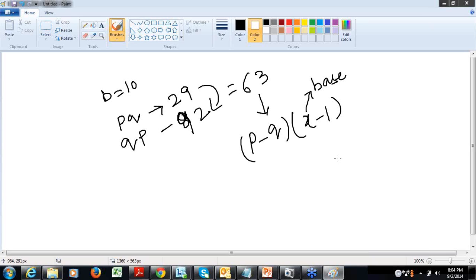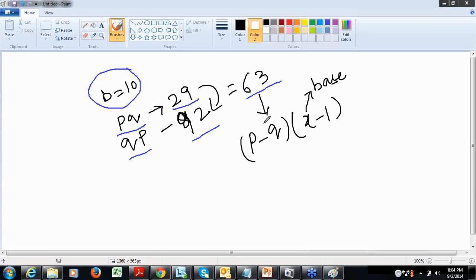What I am saying is, take the base as 10. Suppose the number which had to come was PQ. So PQ came as 29. Now the reversal of that was QP, which came as 92. The difference of this was 63.